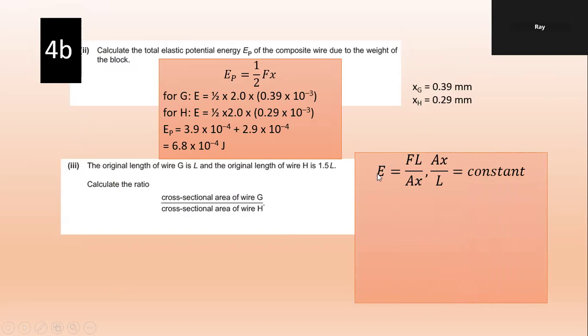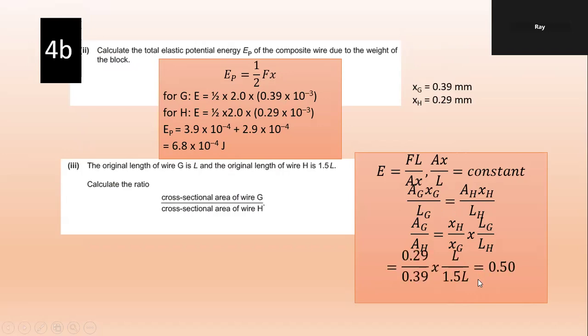Young's modulus is constant. The same type of wire. So AX over L, one cross-sectional area, put a cross-sectional area on top also. Then for G, for H, then AG over AH, take AH down, XG down, LG up, and put in your value.